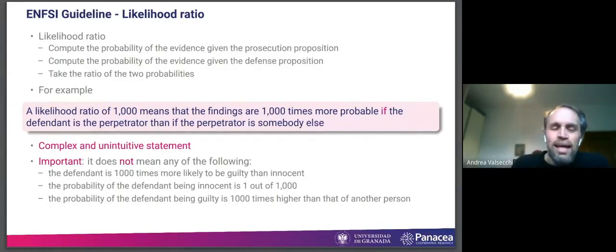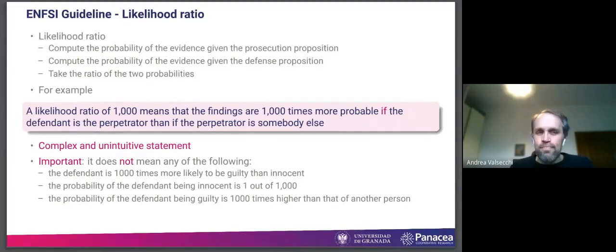And when you do that, what you get is always wrong. I've written down the common examples. For instance, this statement does not mean that the defendant is 1,000 times more likely to be guilty than innocent. And it doesn't mean that the probability of the defendant being innocent is 1 out of 1,000.